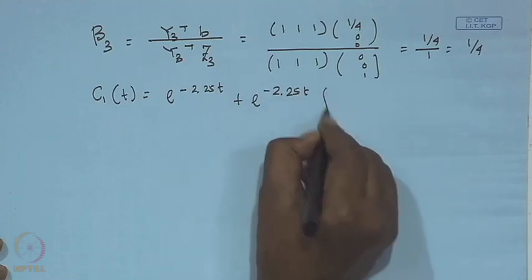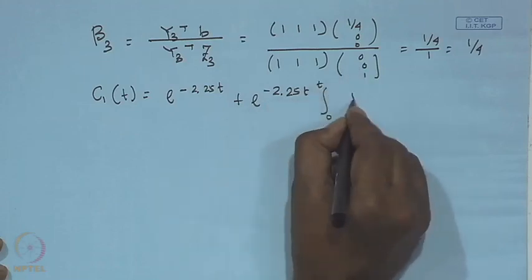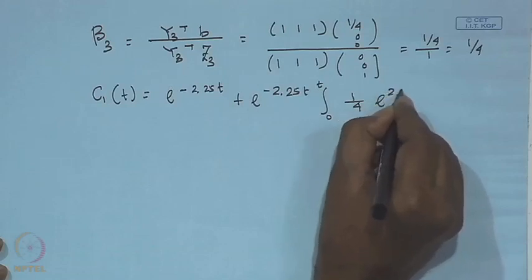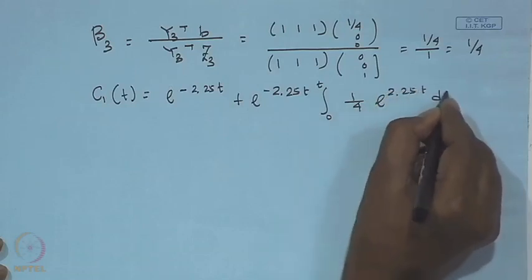If we look into the solution, this becomes integral from 0 to t of 1 by 4 e to the power 2.25 t dt.